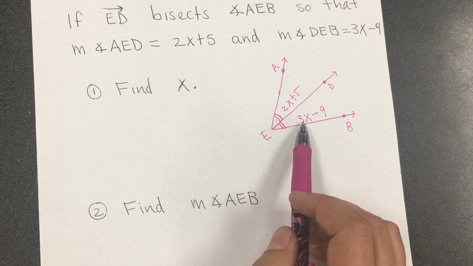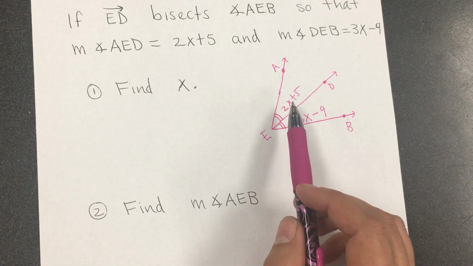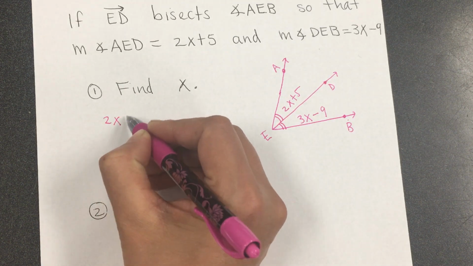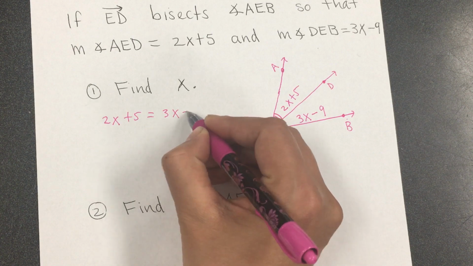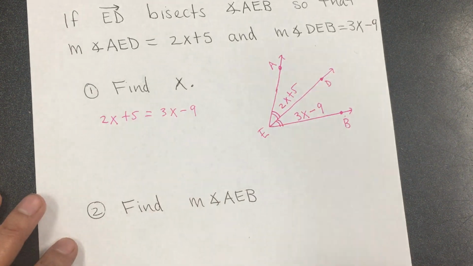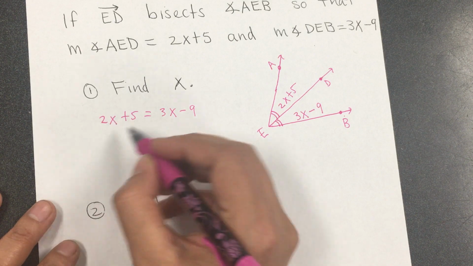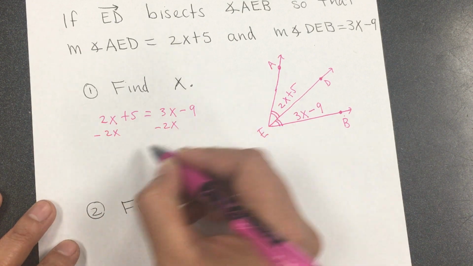Well, knowing that these are congruent, that means I can create an equation because this is equal to this. So we're going to put 2x plus 5 equals 3x minus 9. I start solving. Remember that we cannot have variable terms on both sides, so we're going to cancel the whole term.